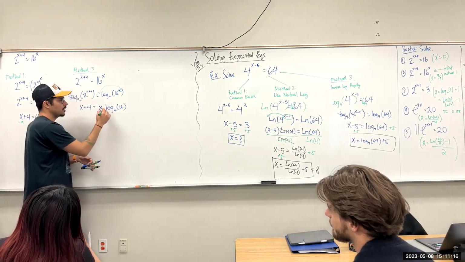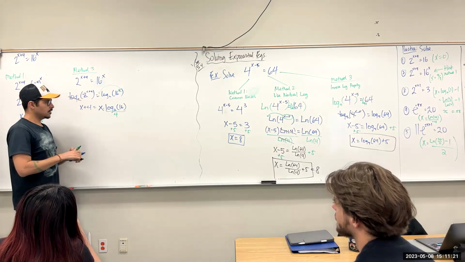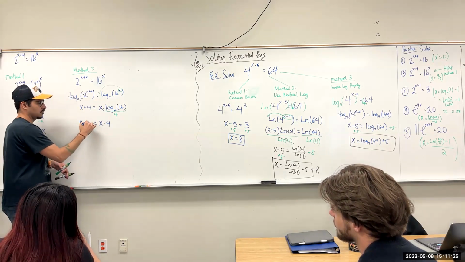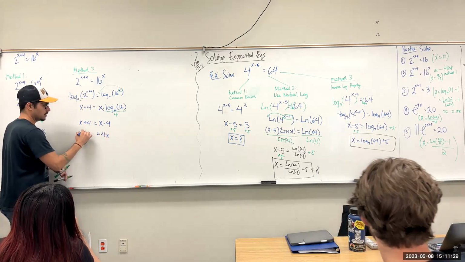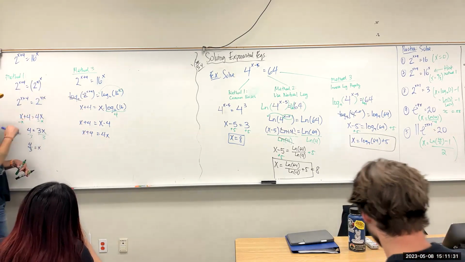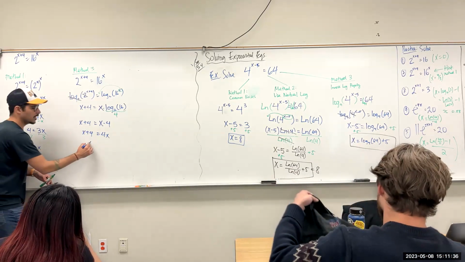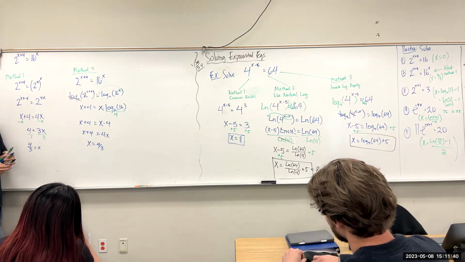That means this right here is just 4. So then this becomes x times 4, which is 4x, and then you're back here. Then you get the same answer, okay?